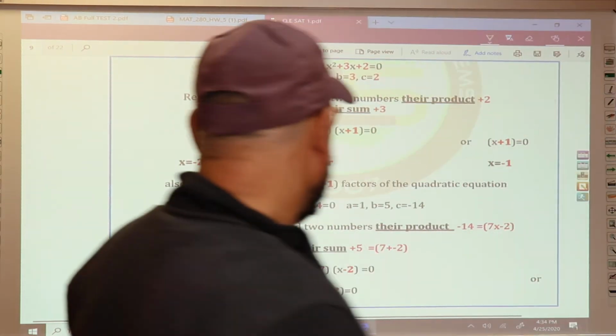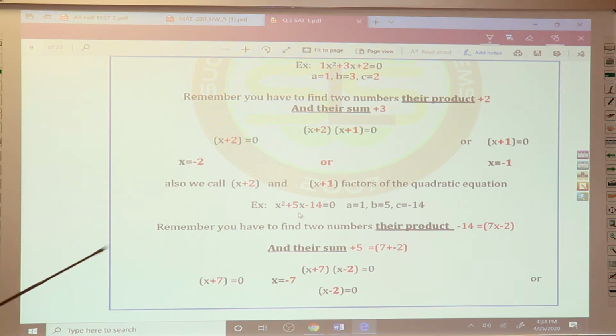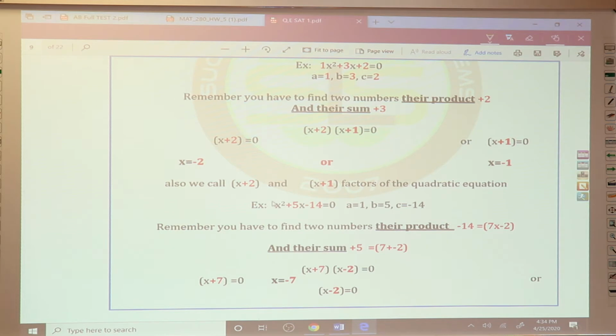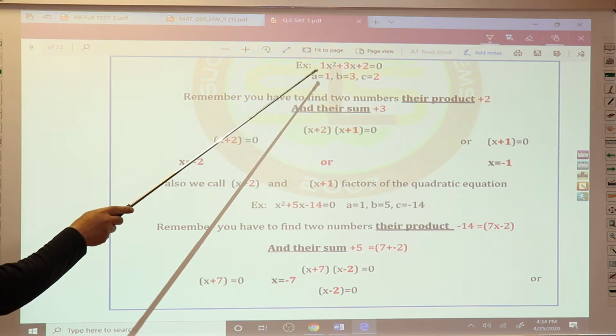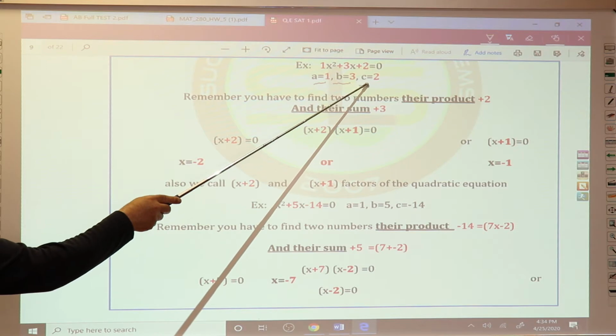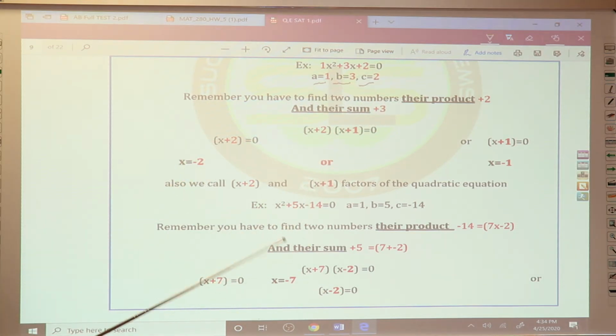Now, examples for that. Look here, just quickly. Here we have x squared plus 3x plus 2. A is 1, b is 3, c is 2. C always is my y-intercept.